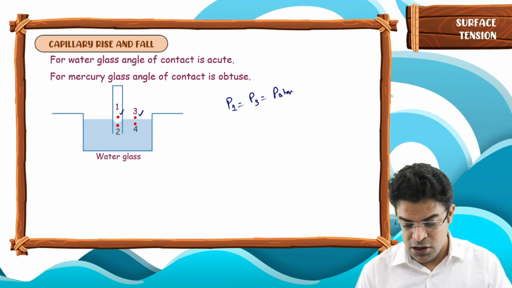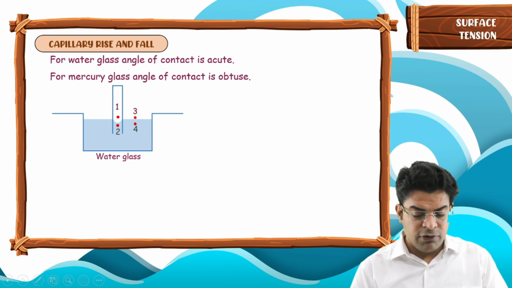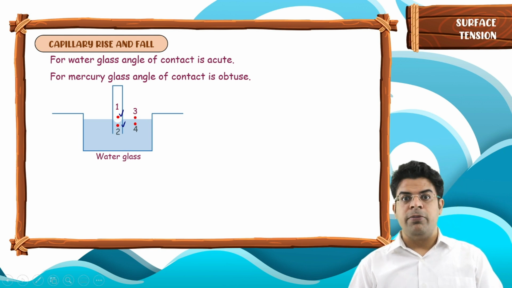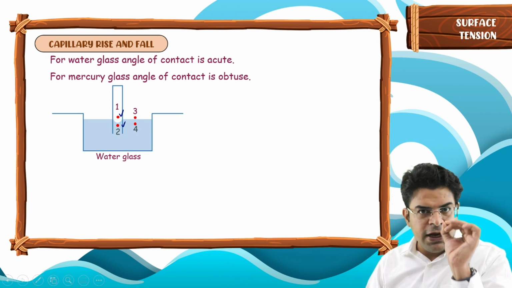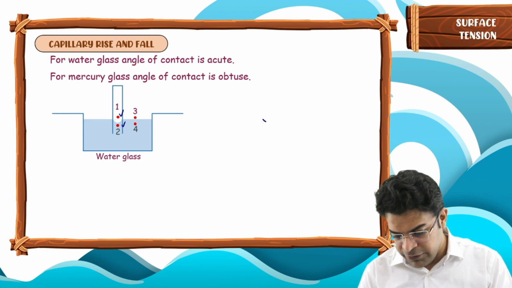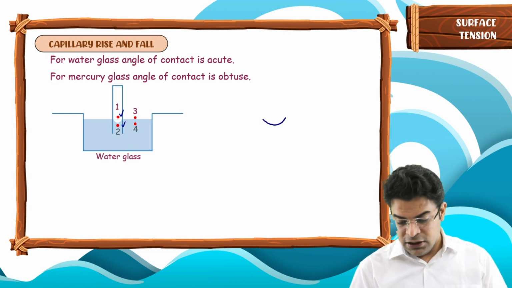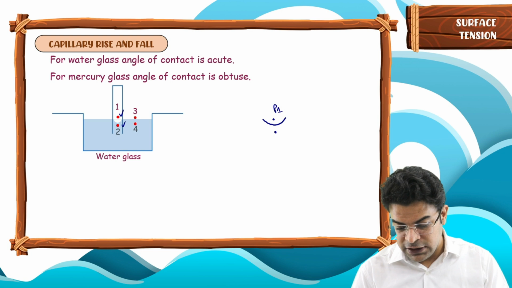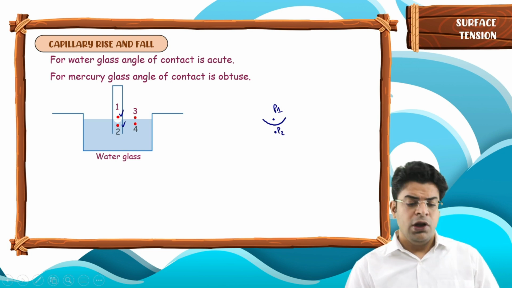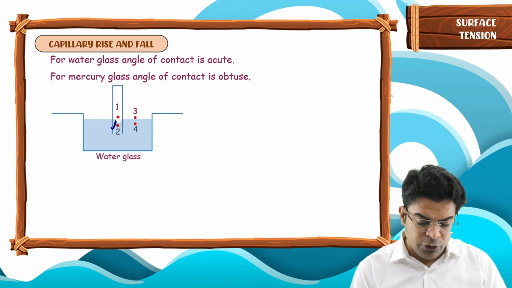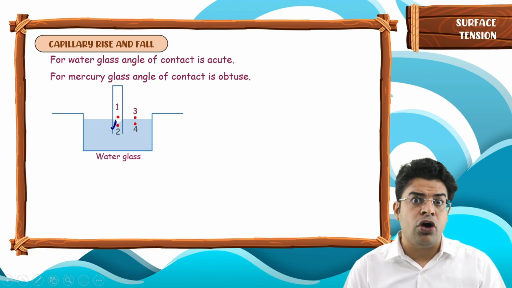Now tell me, between point 1 and point 2, which point will be at higher pressure? Just by looking at the shape of the curvature, we can tell the pressure at point 1 is more than the pressure at point 2. So if I ask you, at point 2 will the pressure be more than P atm or less than P atm?